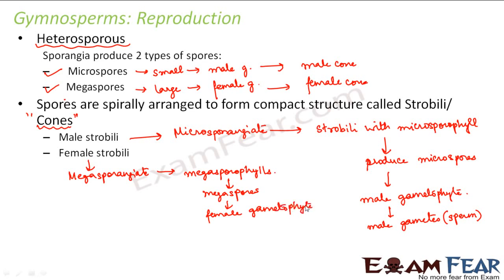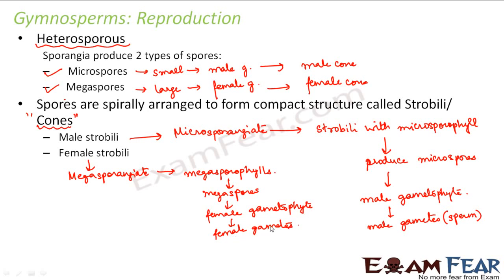And this female gametophyte will then produce the female gametes. Now, all megaspores will not form the female gametophyte. One of these megaspores will form the female gametophyte and that female gametophyte will produce the female gamete.